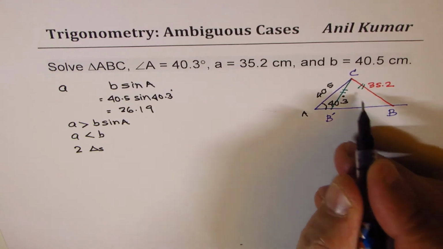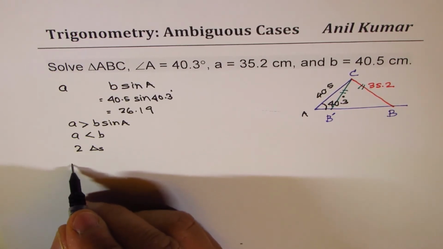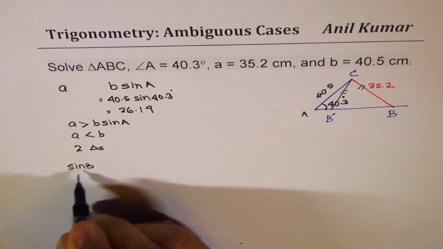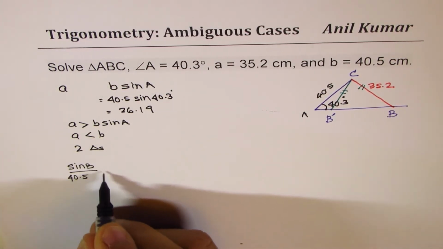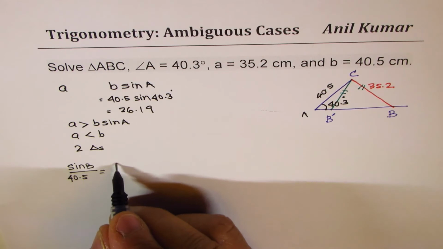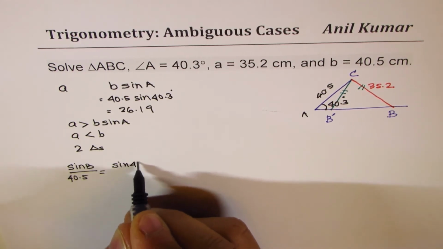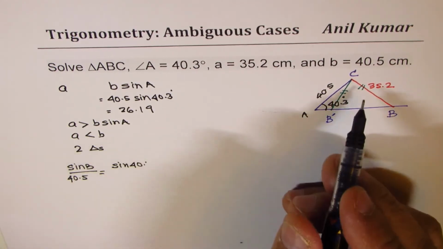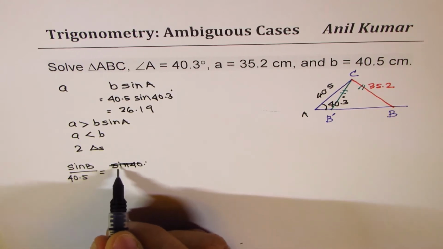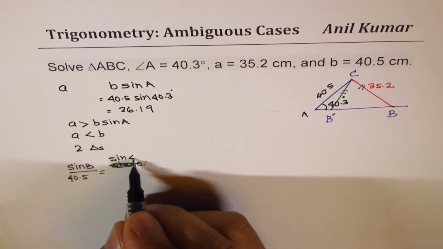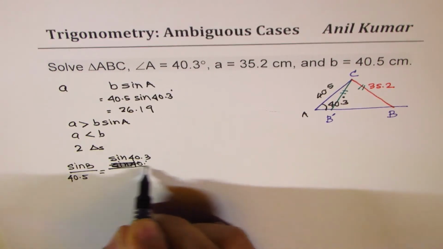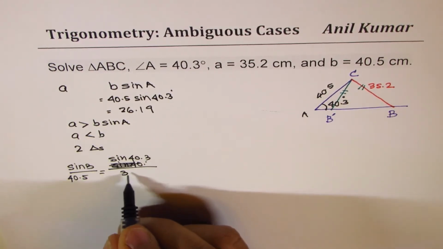To find angle B, we can say that sine of B over 40.5 should be equal to sine of 40.3 over 35.2.